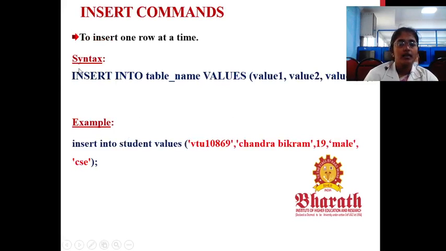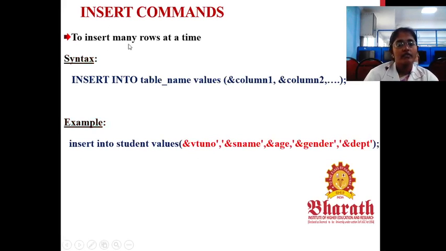So this is to insert one row at a time. This is the syntax. See here, insert into table name values. Values is the keyword. Within the parentheses, we can give the values. So into that student table, these values will be inserted, one row. And if you wish to insert many rows at a time, insert into table name.